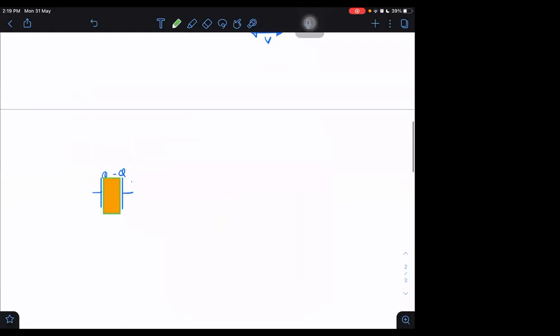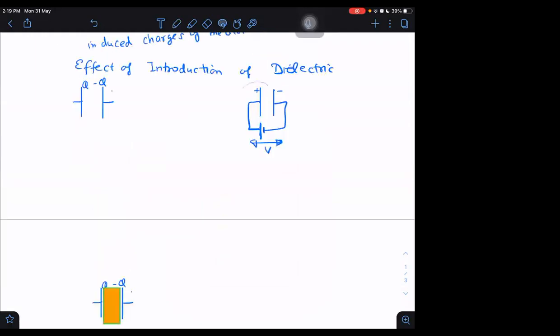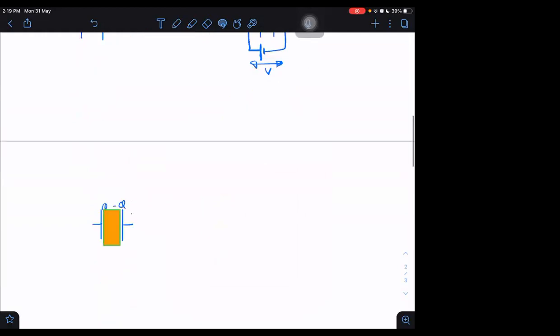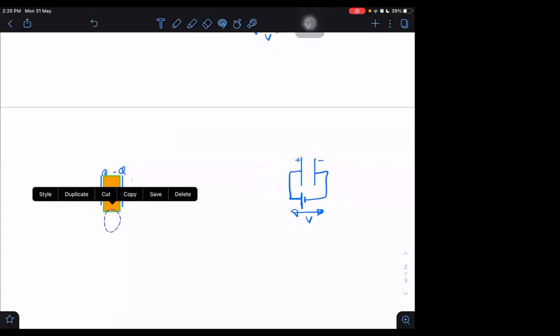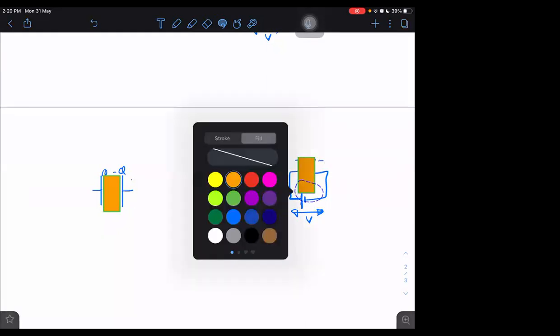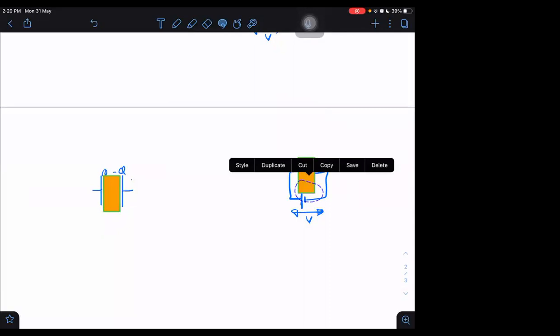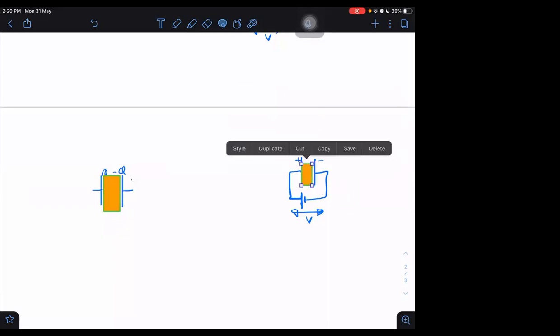Similarly, I will introduce the dielectric on the other side. Single plates of the capacitor.